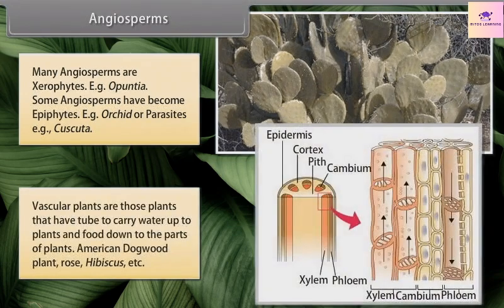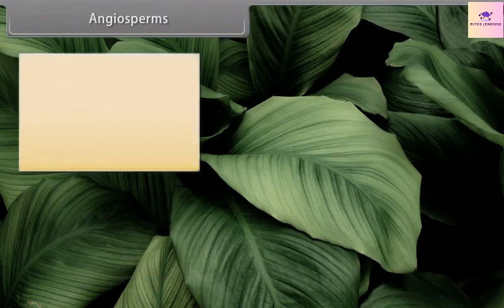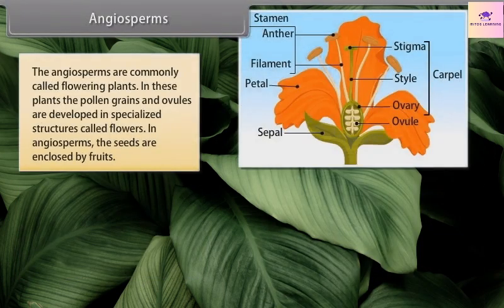Vascular plants are those plants that have tubes to carry water up to plants and food down to the parts of plants. American dogwood plant, rose, hibiscus, etc. The angiosperms are commonly called flowering plants. In these plants, the pollen grains and ovules are developed in specialized structures called flowers.